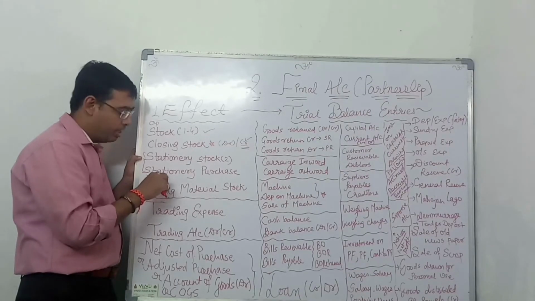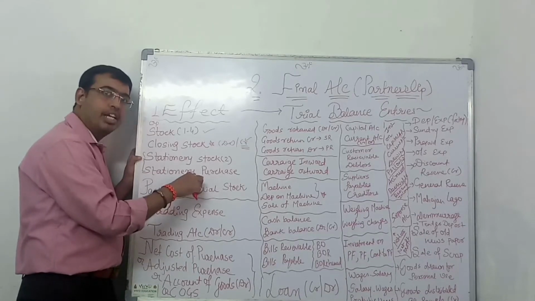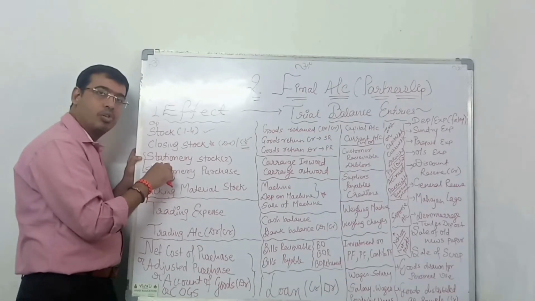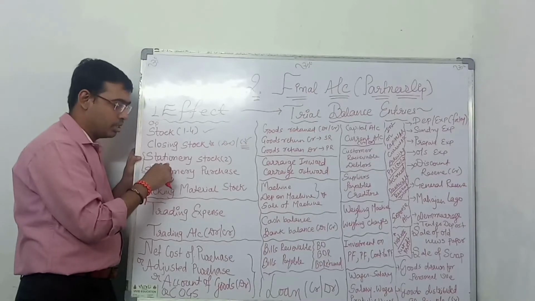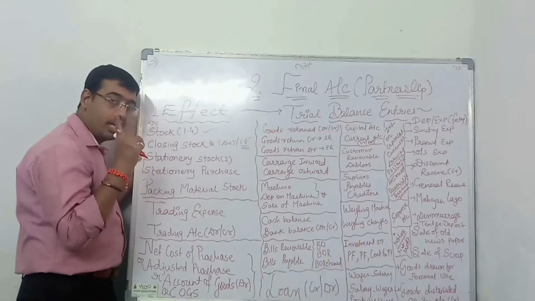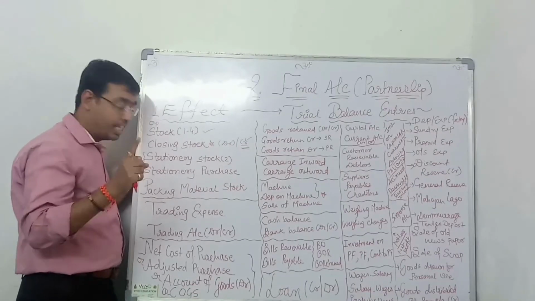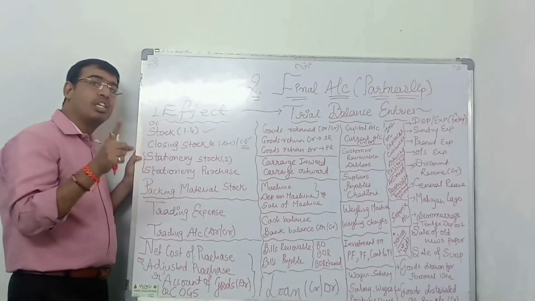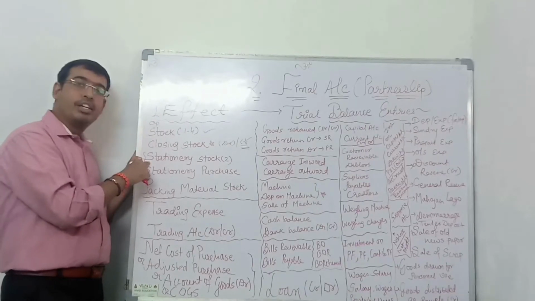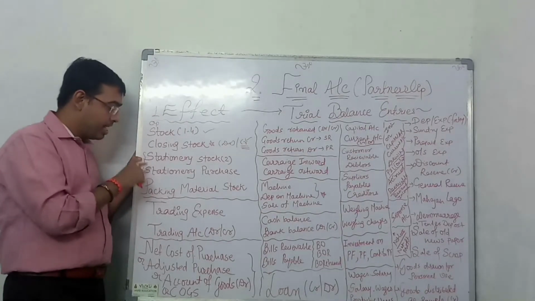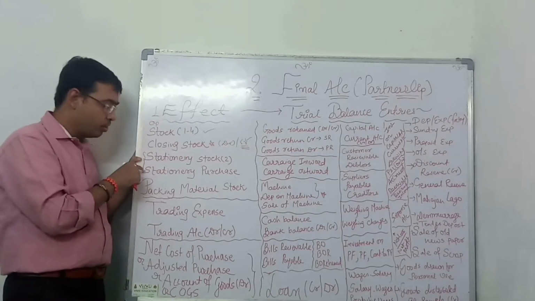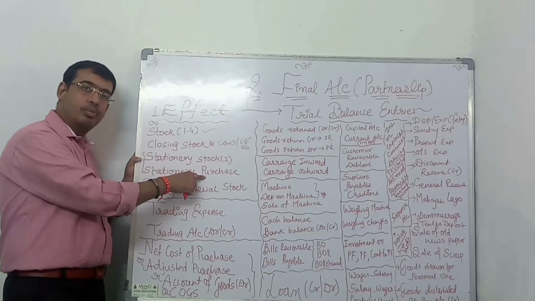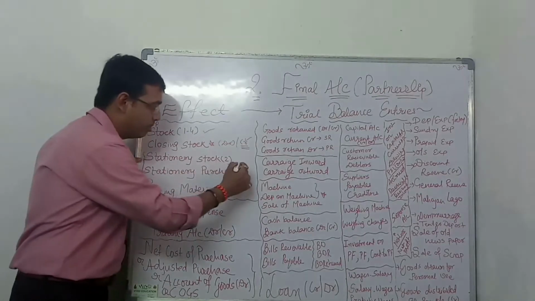First you write stationery purchase in the P&L account minus stationery stock; the outer column is your stationery expense. So stationery stock has two general entries: if stationery stock alone is given, then it is asset side, and if given together, you subtract stationery stock from stationery purchase and write it in the P&L account. Clear?